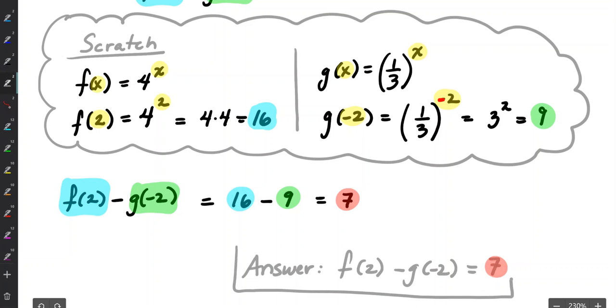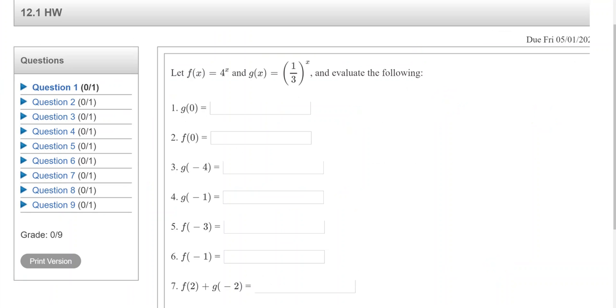There are more than just these 3 problems in question 1, but I'm going to stop right here. We're going to go ahead and put them in and see that we do get the right answers. All right, so we did 1. We found g of 0 to be 1. We did number 3.